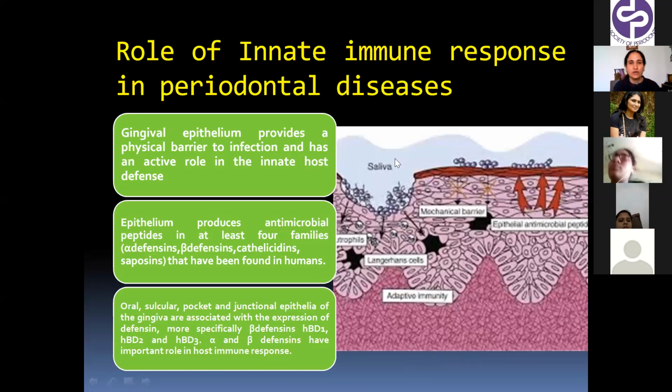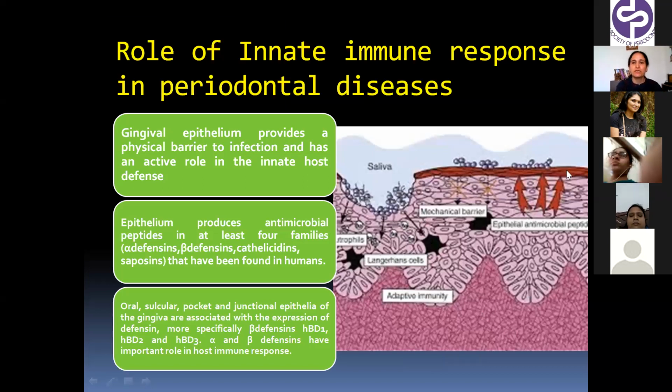Now, again, we have studied about the complement, we have studied about the toll-like receptors. Now, let's go into this journey, what I was showing in the first slide. Let's go through the journey of how the microbe gains entry into the deeper tissues and leads to the inflammation and chronic periodontitis. Now, this epithelial barrier is the first barrier which will try to stop the microorganisms, but this is not helping.